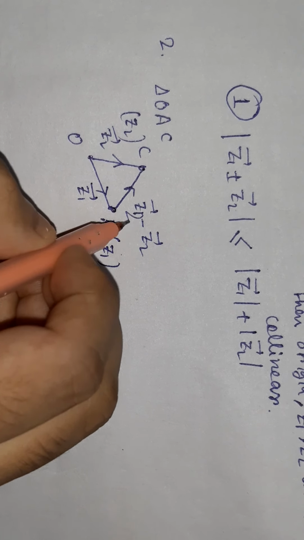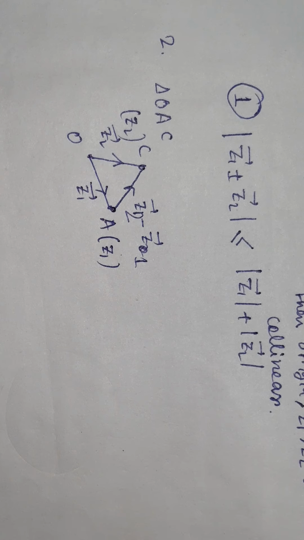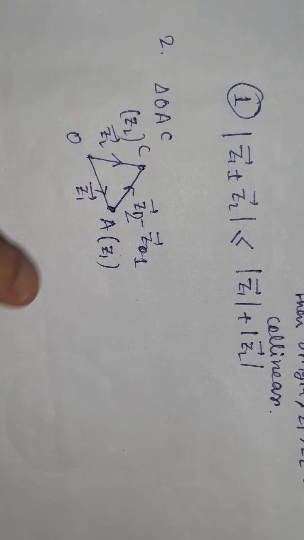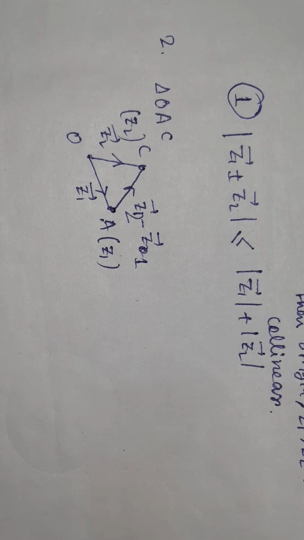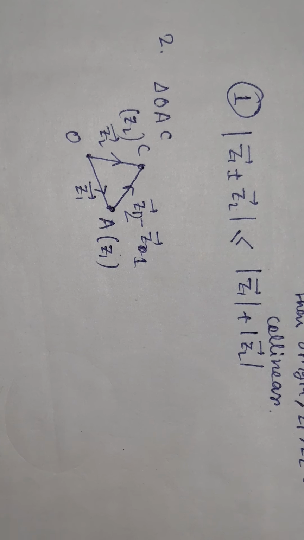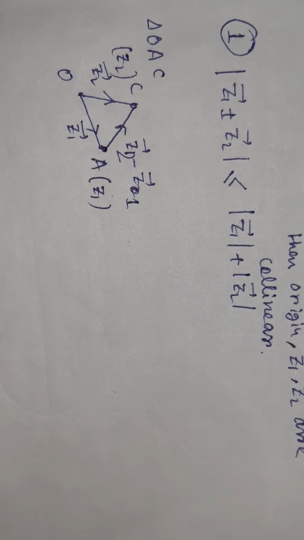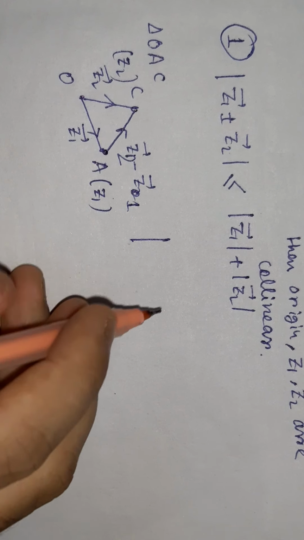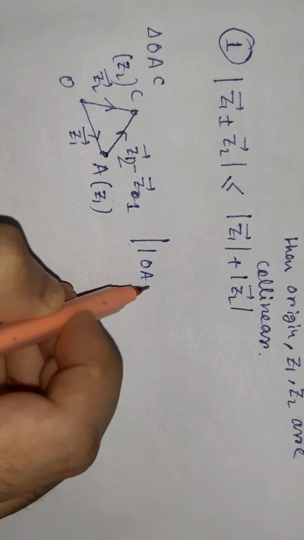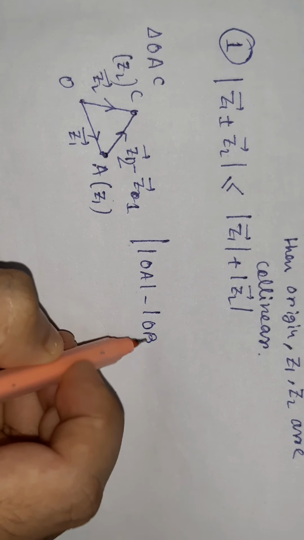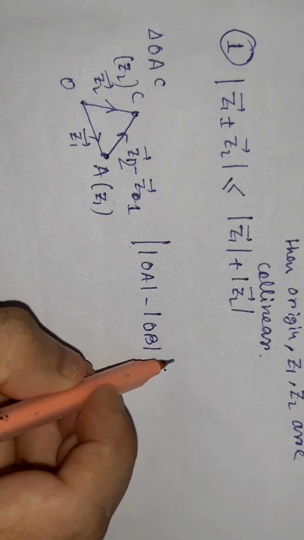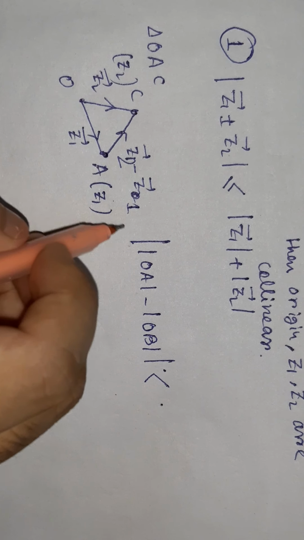Or you can write Z2 minus Z1, and by simply reversing the sign you can also write Z1 minus Z2 vector, and also Z2 vector plus Z1 vector just by reversing the sign. And the property of the triangle says the modulus of the difference between side OA and OC is less than AC.